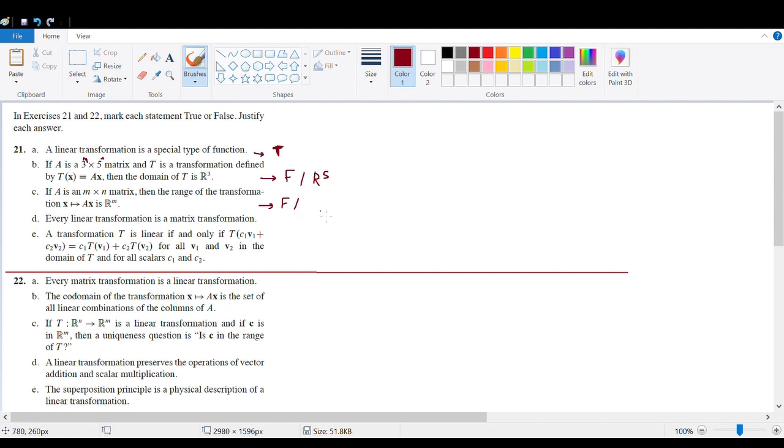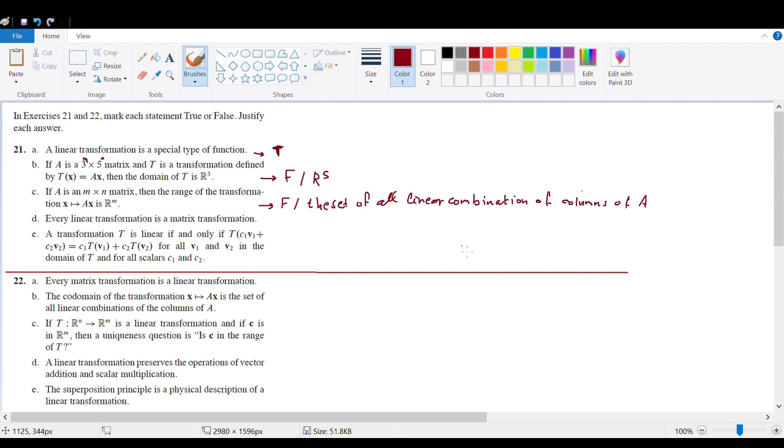The range is the set of all linear combinations of columns of A, or we can say the set of all images of the transformation. Sorry for this mistake.